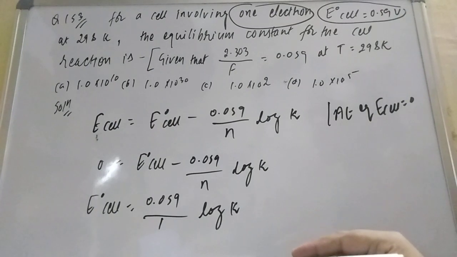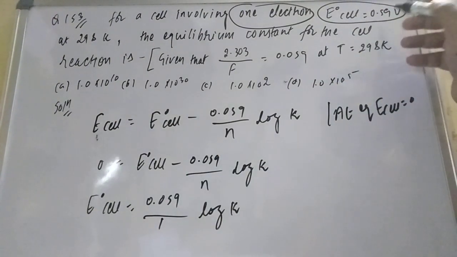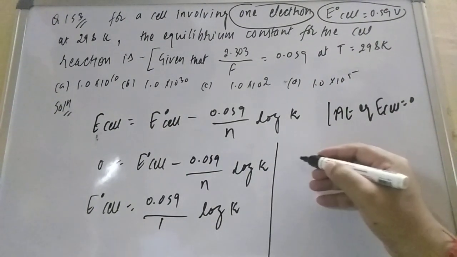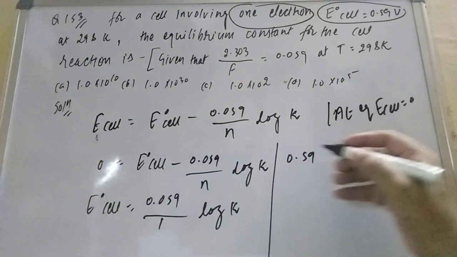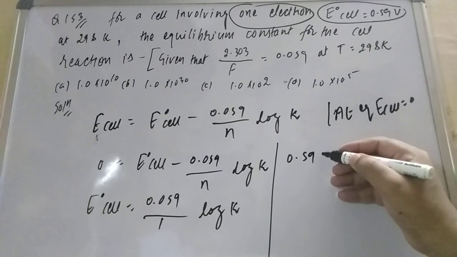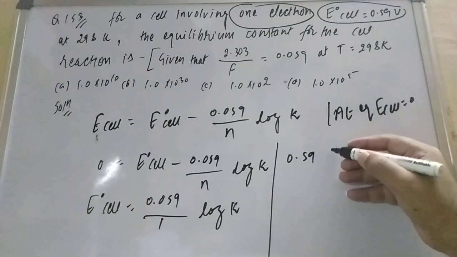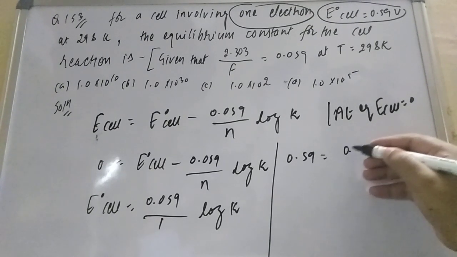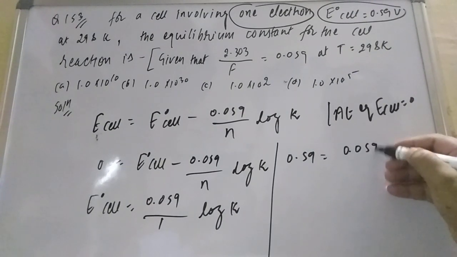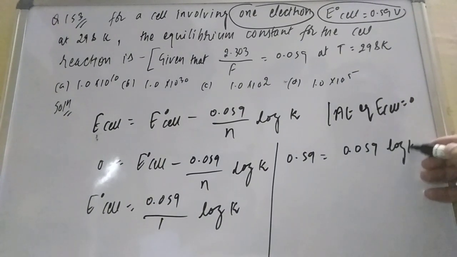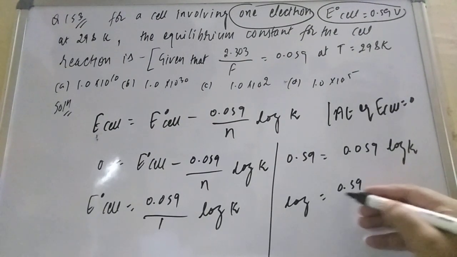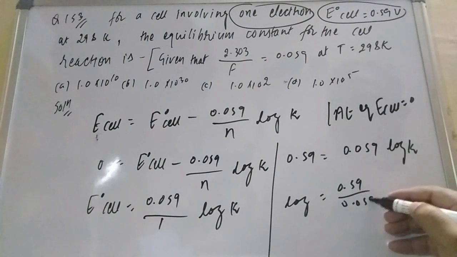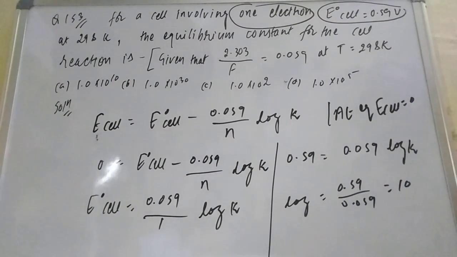Log K we need to calculate. E naught cell is given as 0.59, so here I am writing 0.59 volt equals 0.059 log K. Log K is equal to 0.59 upon 0.059, what will come, student? 10.